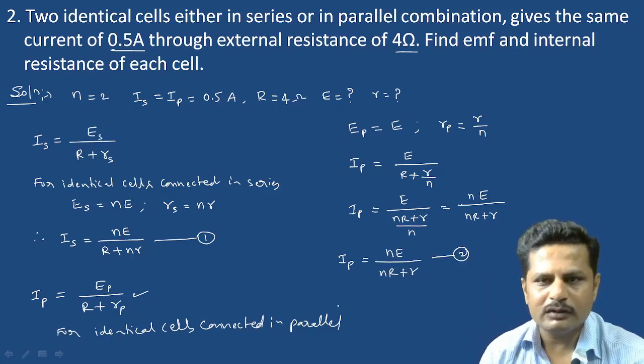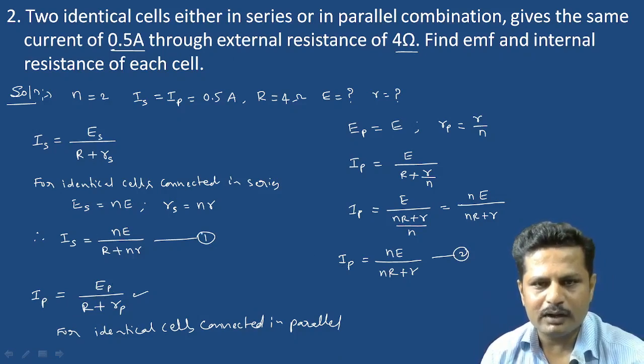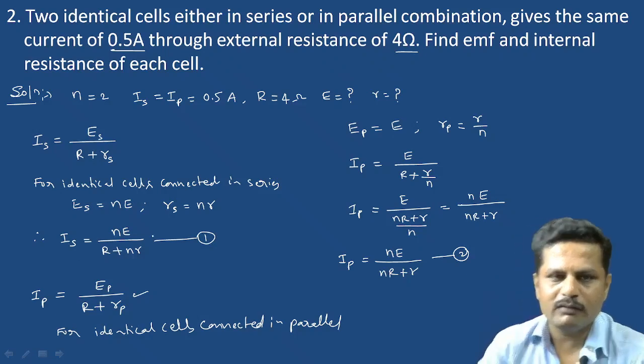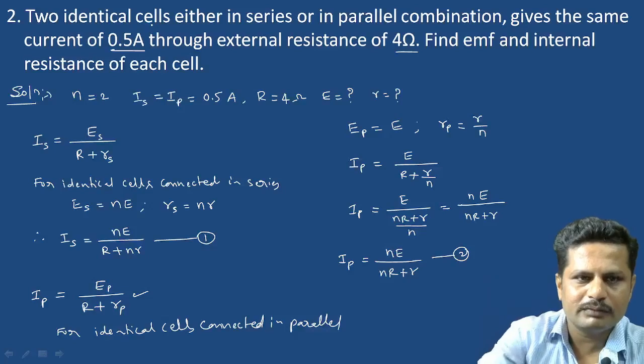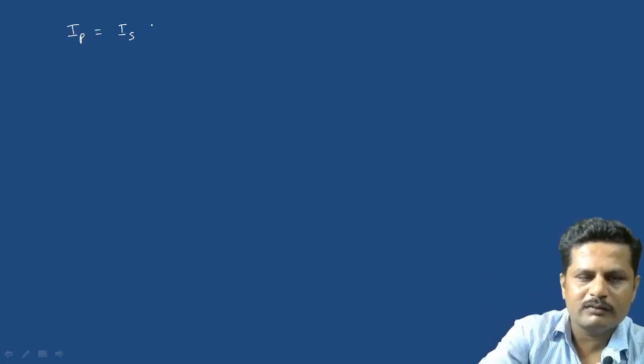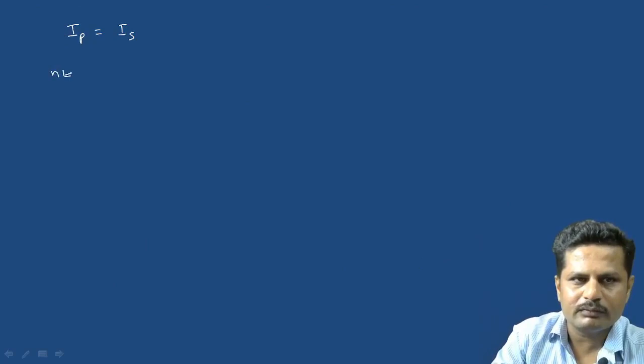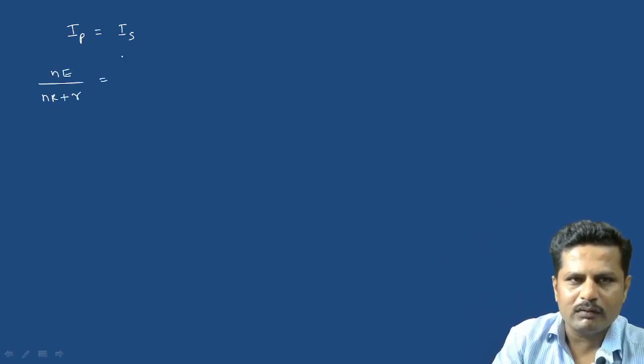According to this question, I_P is equal to I_S. So from equations 1 and 2, we could write I_S equals I_P. Here I_P is nE divided by nR plus r, whereas I_S is equal to nE divided by R plus nr.